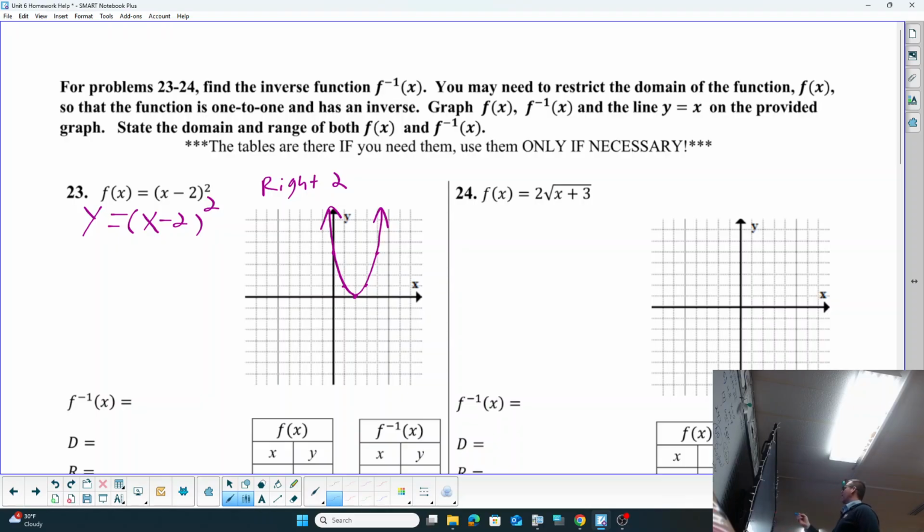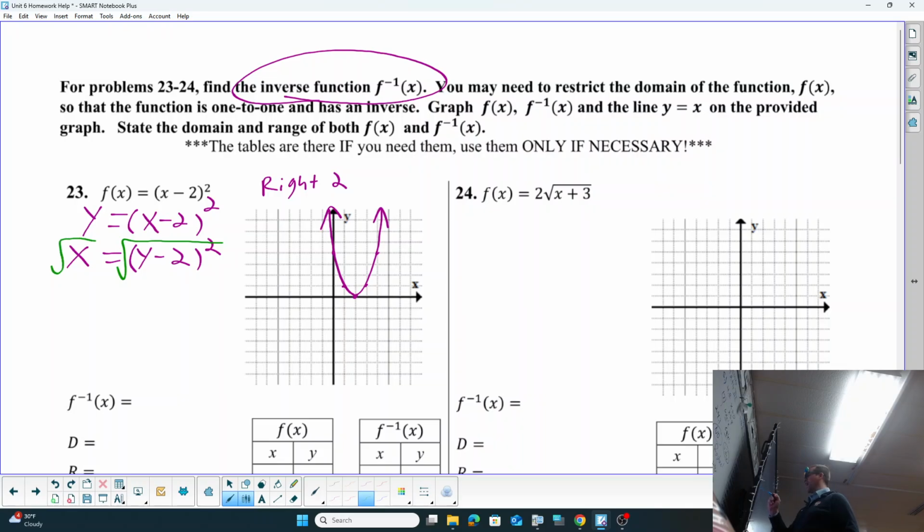And so now we want to find the inverse function. So we're going to switch our x's and our y's. We're going to square root both sides, so the power of 2 goes away, and then we'll add 2 to the other side.